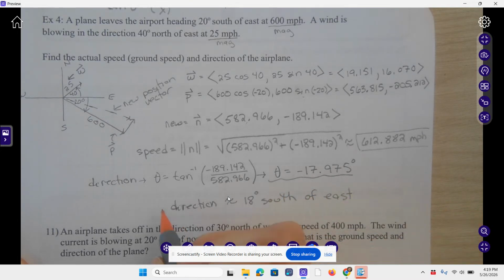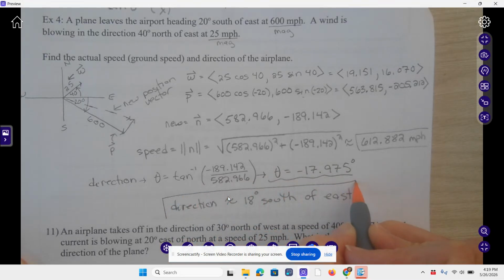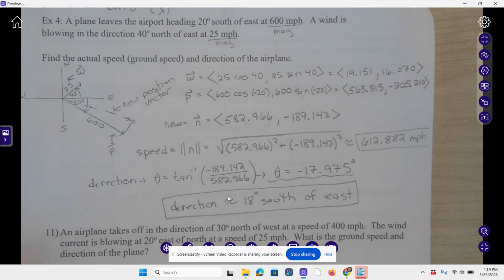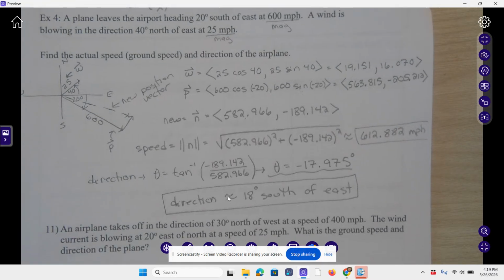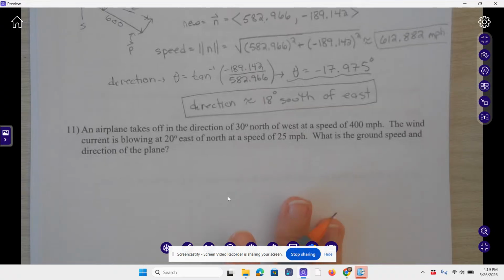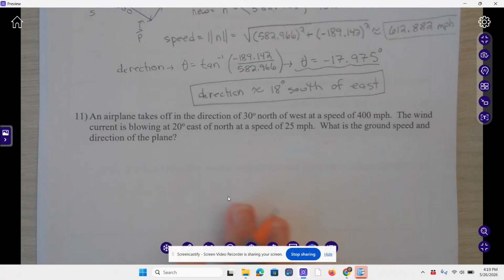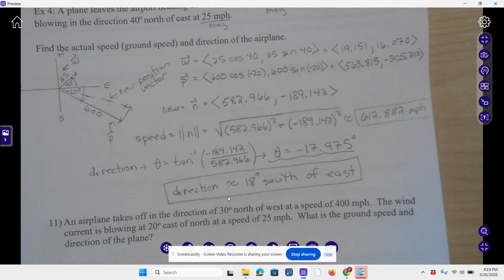So we want to give our answer using these bearings, which is how they gave it in the original question. I'm going to actually do this one in class, so we're going through one kind of in person.